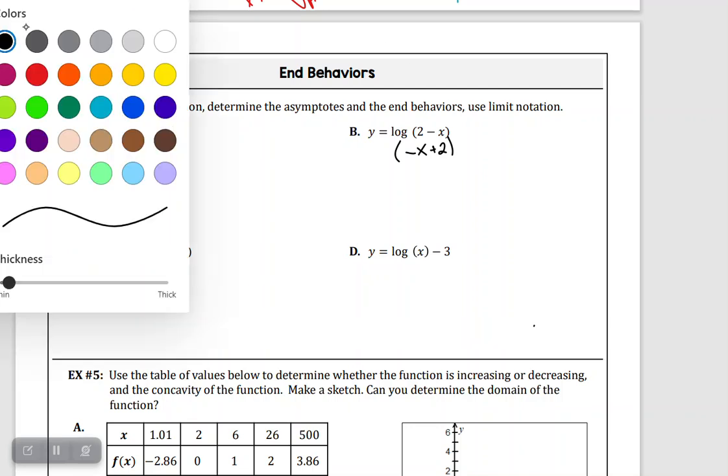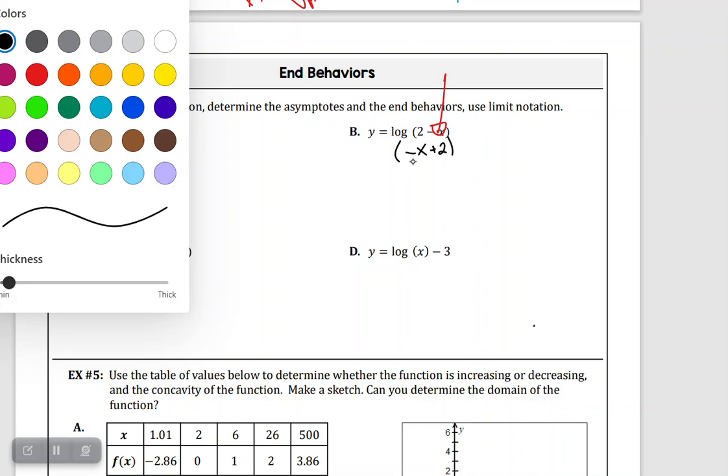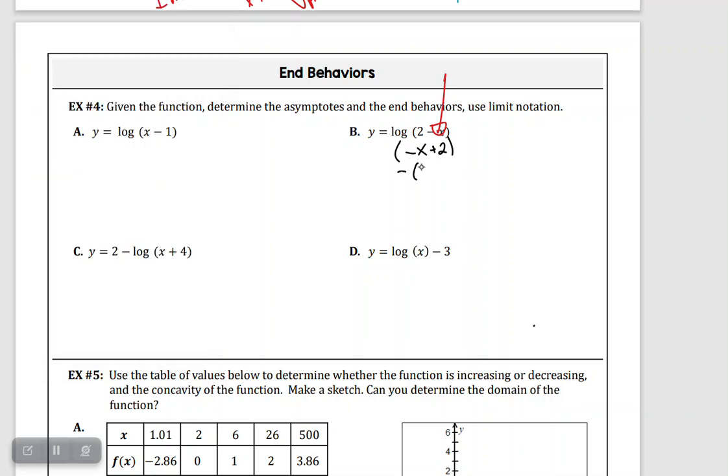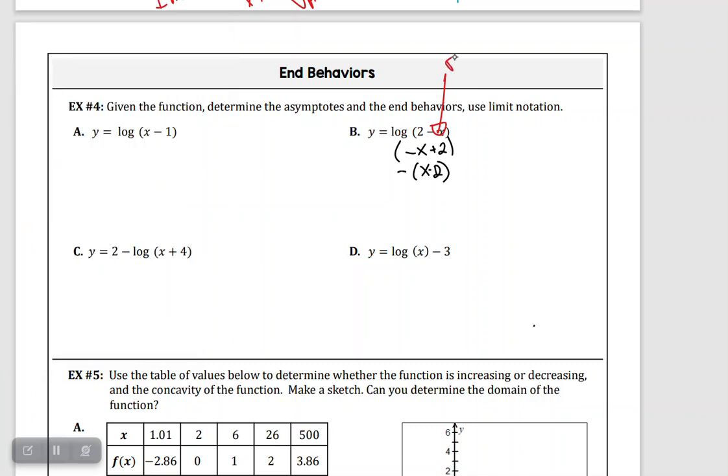This 2 means... I'm going to backtrack in just a second. What we want to do is, because it's a quantity, I'm taking out the negative, so it's x minus 2. If we look at this as x minus 2, that minus 2 means it has an opposite kind of direction affecting horizontally, so this is going to go to the right.